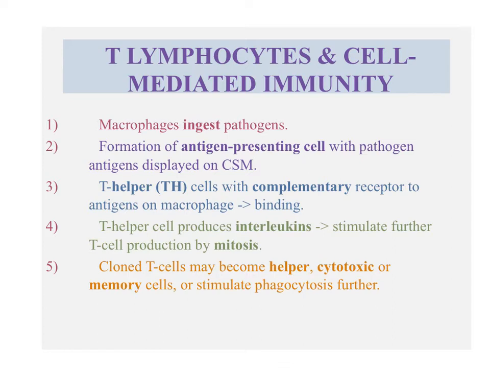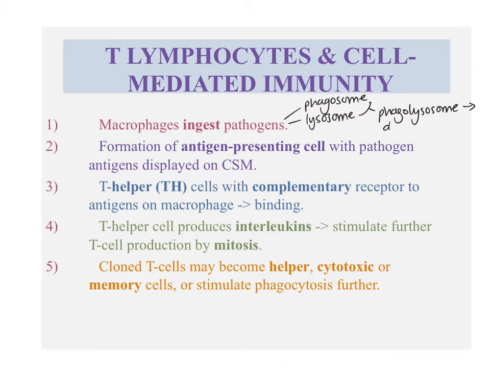We start off with macrophages ingesting the pathogens. They're going to form the phagosome, and we're going to attach it to a lysosome. From last lesson, we form a phagolysosome.